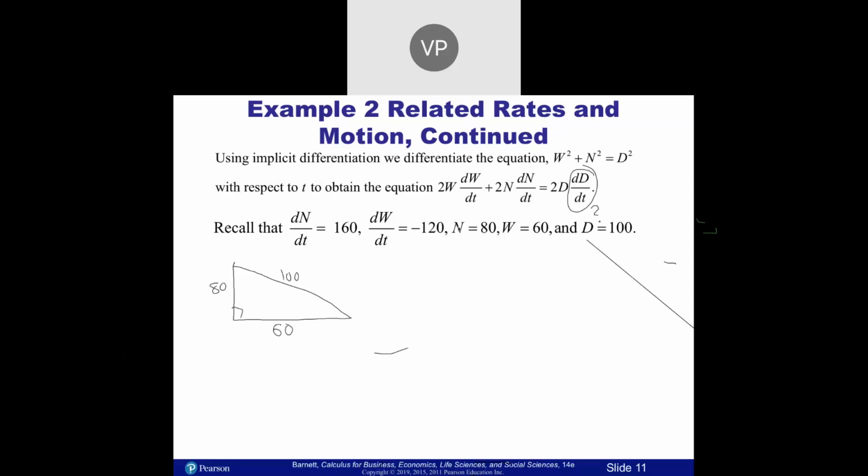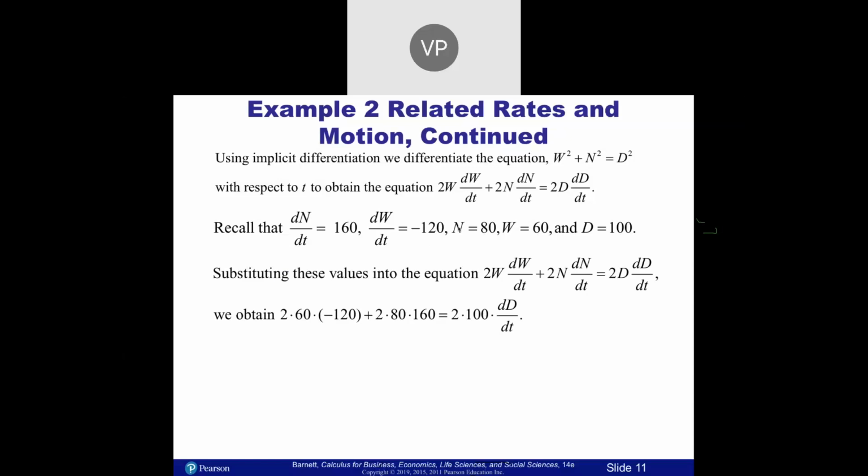So now you look at it. We know D, we know W, we know N, we know dW dt, we know dN dt. We know everything in this equation except, of course, the one thing we're trying to find, dD dt, but now we should be able to plug it all in and get the answer. So look at this derivative equation we have right here.